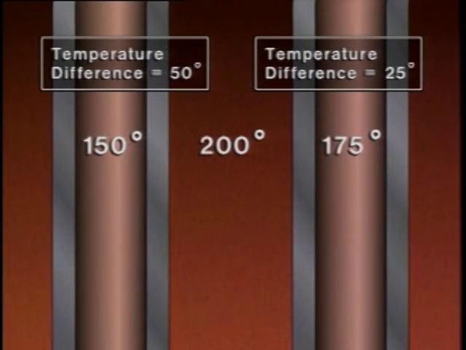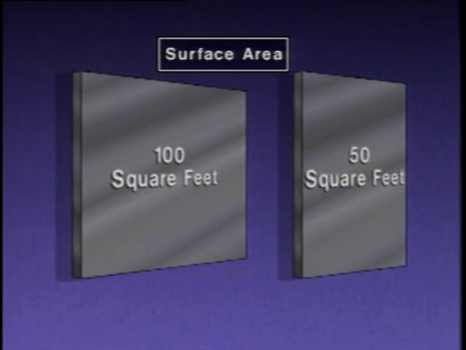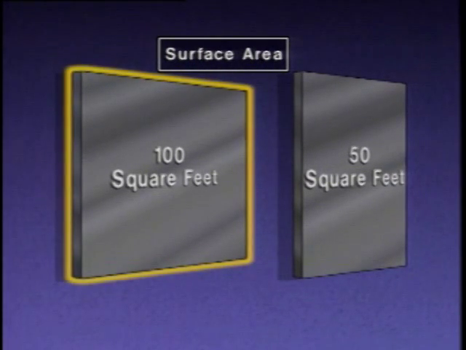So a temperature difference of 50 degrees will produce a greater rate of heat transfer than a temperature difference of 25 degrees. The amount of surface area available for heat transfer also affects conduction. Surface area is normally expressed in square feet, and the greater the surface area, the greater the rate of conduction heat transfer. A larger surface transfers heat at a greater rate than a smaller surface.